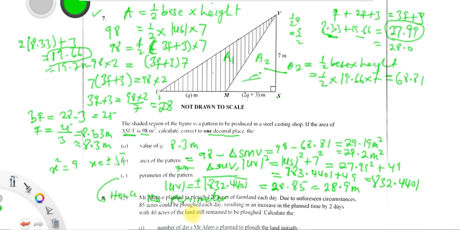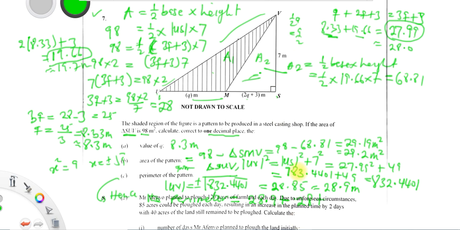The perimeter is given by this side, which is 20, plus this side, 28.9, plus this side, which is 27.99, or 28.0, plus this side, which is 7.